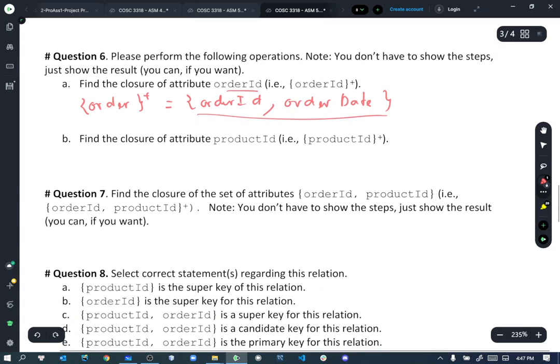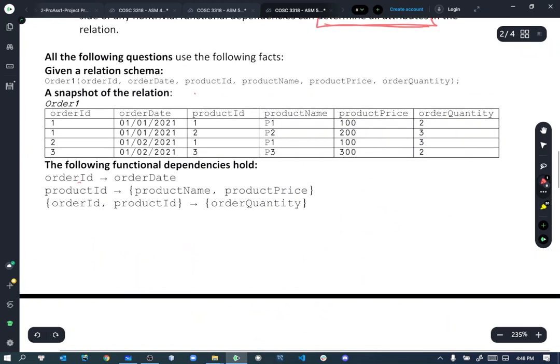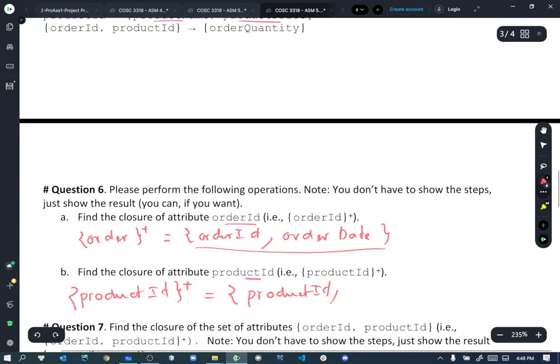Next one is to find the closure of product ID. First, product ID can determine product ID itself. And from here we see product ID can determine product name and product price too.